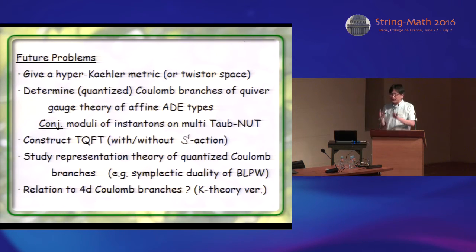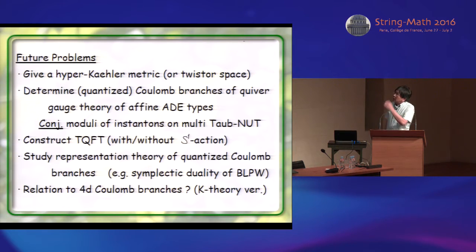In the four-dimensional case, the description of the hyperkähler metric is, as we all know, a very difficult problem. But in the three-dimensional case, the hyperkähler metric has SU(2) symmetry, so it's much simpler. So this is not hopeless. This is not so difficult a problem, I hope.